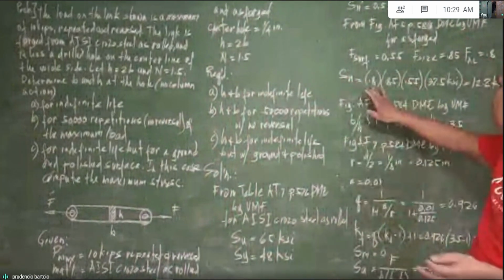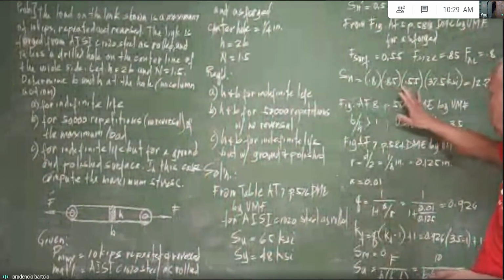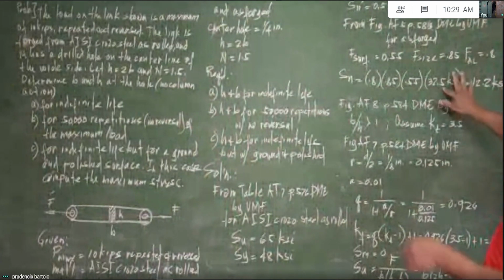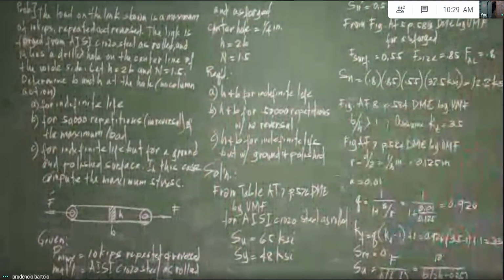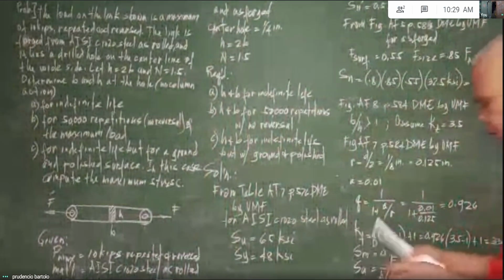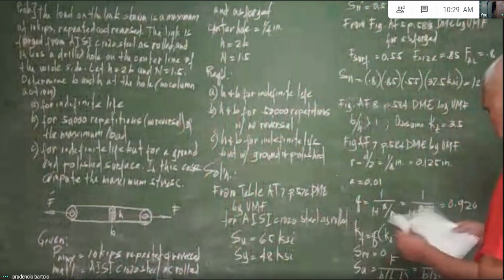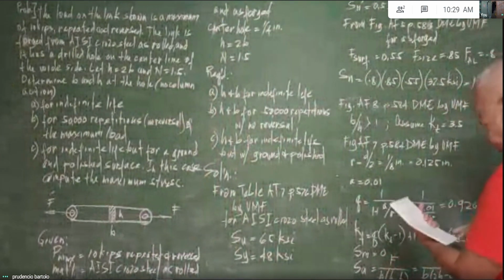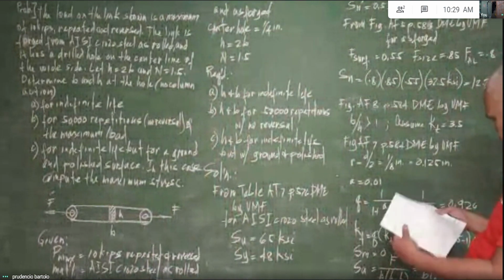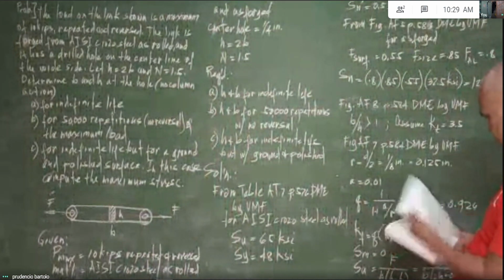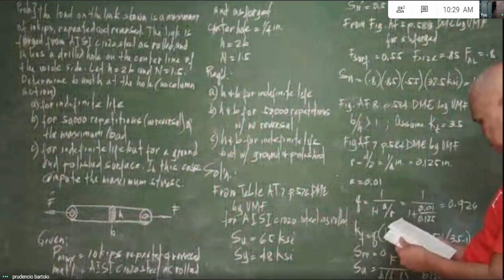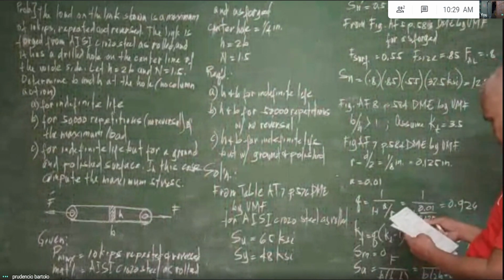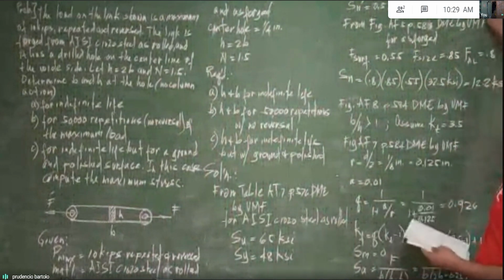The endurance strength will now be equal to 0.8 times 0.85 times 0.55 times 32.5.